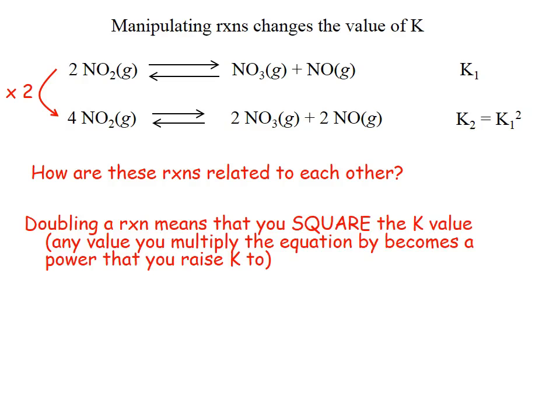Doubling a reaction means you square the K value. Any value you multiply the equation by becomes a power that you raise K to. So in other words, if you had multiplied the coefficients by 3, you would have cubed it. If you had multiplied them by 1/2, you would have taken the square root of them. It would have been to the 1/2 power. So that K is squared because it's times 2 when you go from reaction 1 to reaction 2.